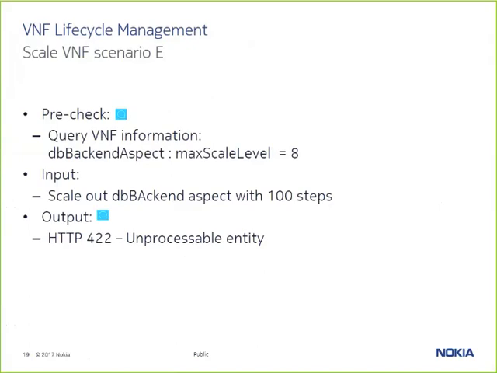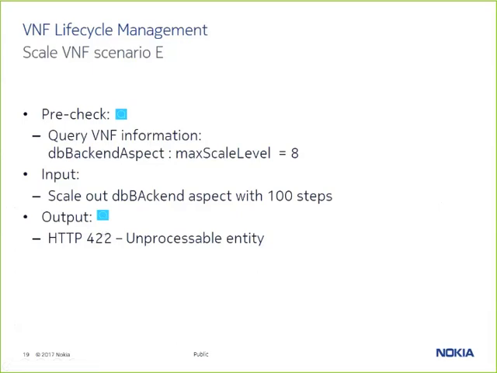So you have seen that the max scale level for the DB backend aspect was 8. However, right now I will order CBAM to scale out with 100 steps, which is definitely well above the limits. And I am expecting back a 422 unprocessable entity response.